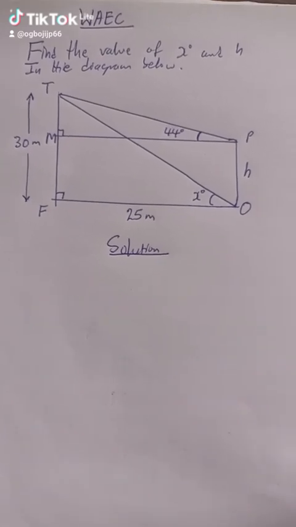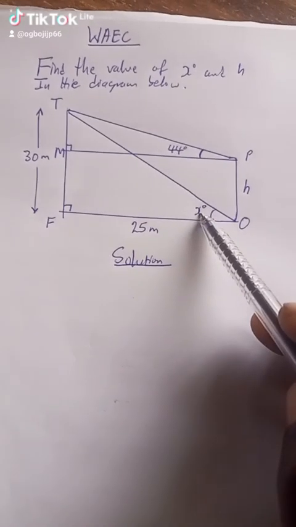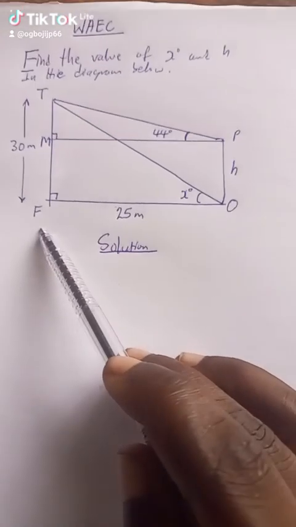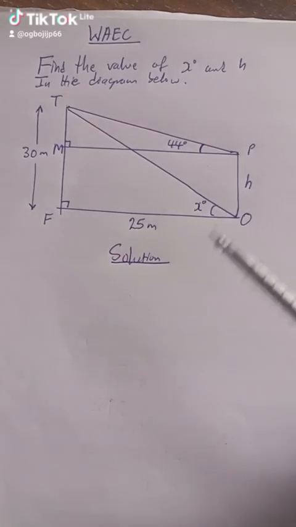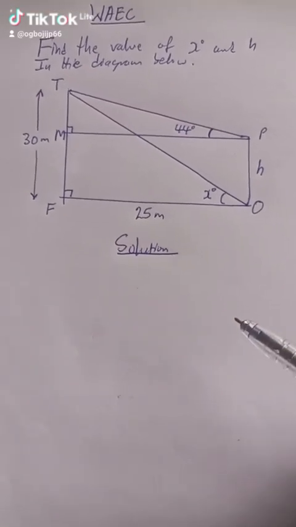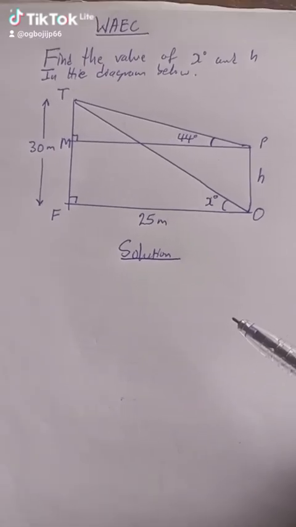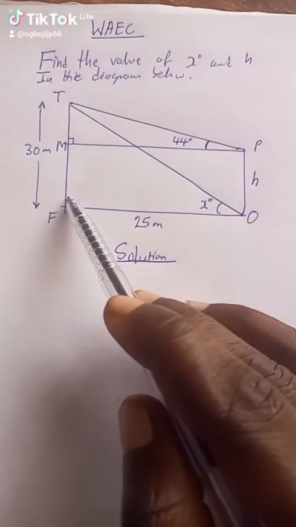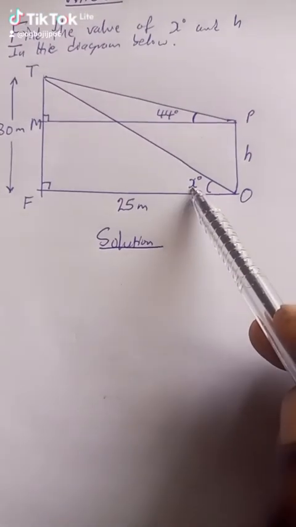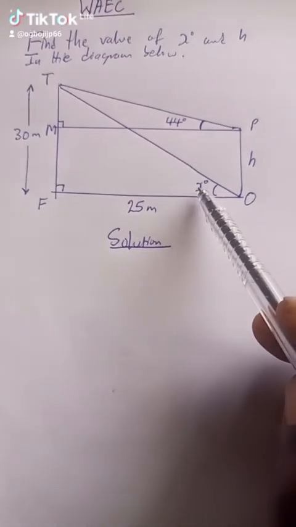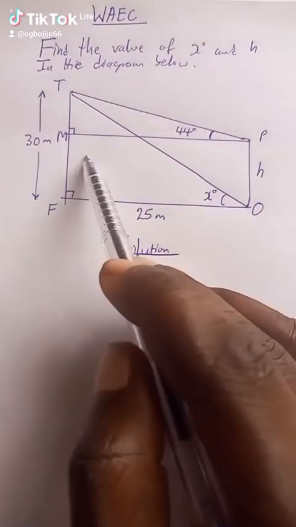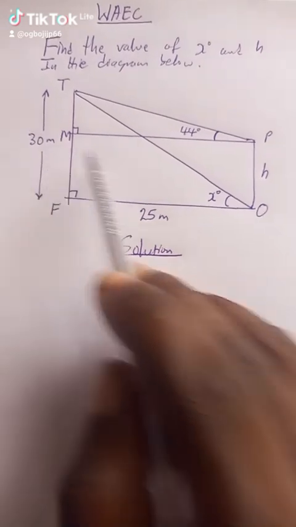All right, so let's first of all find the value of x degree. If you look at it carefully, FOT is a right angle triangle, so we are going to use the concept of trigonometric ratios. Trigonometric ratio deals with right angle triangles.